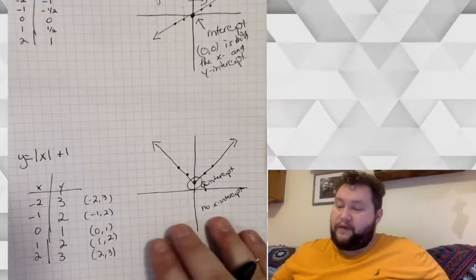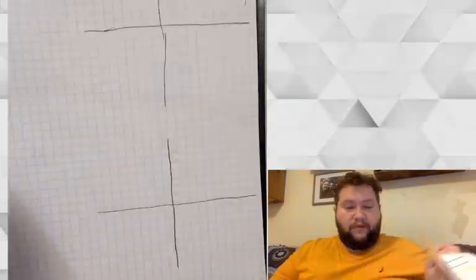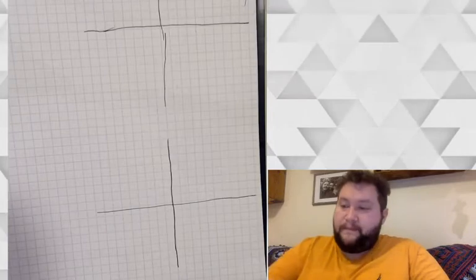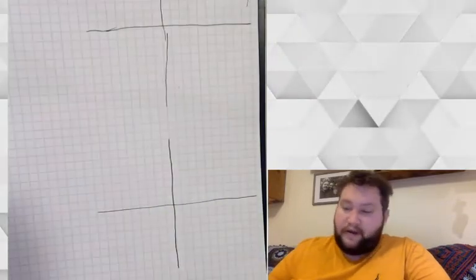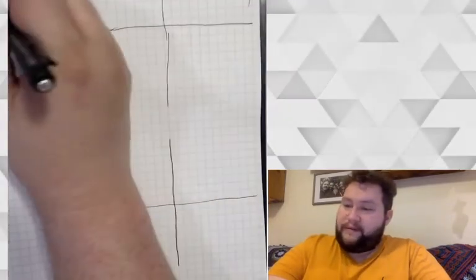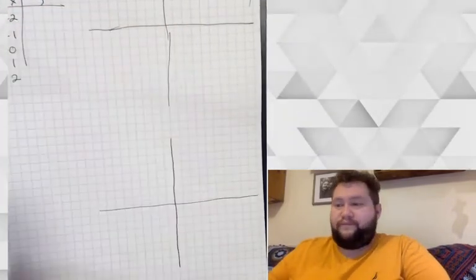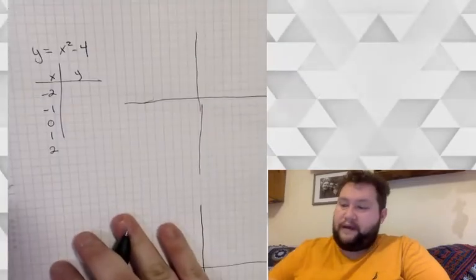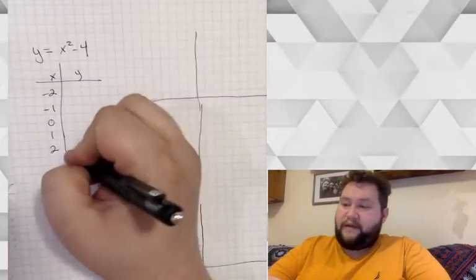And so I'll draw one more related example here. We have y equals x squared minus 4. And you know exactly what points I'm going to pick. -2, -1, 0, 1, and 2. And then y, it's going to be square it and subtract 4.